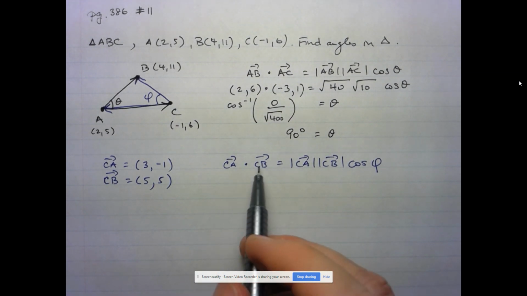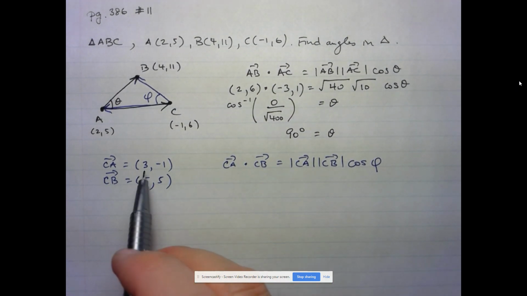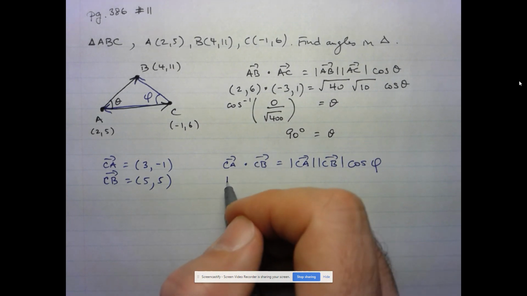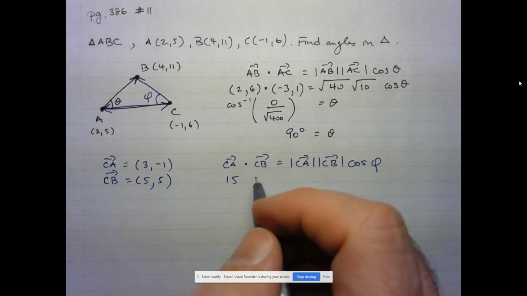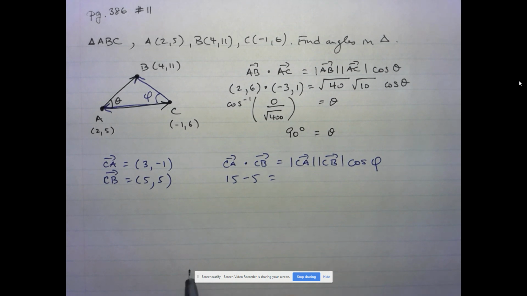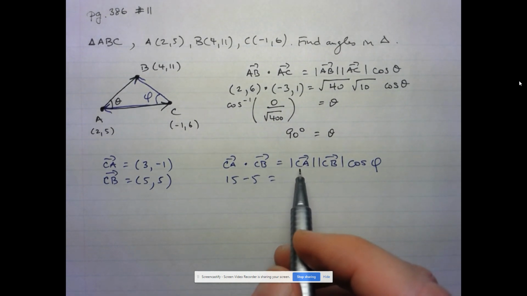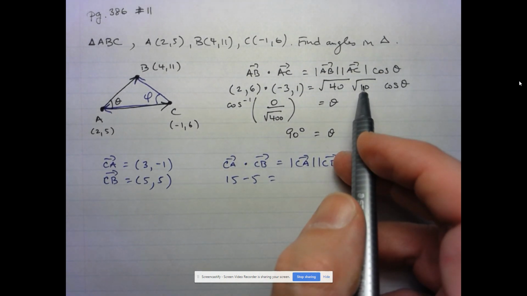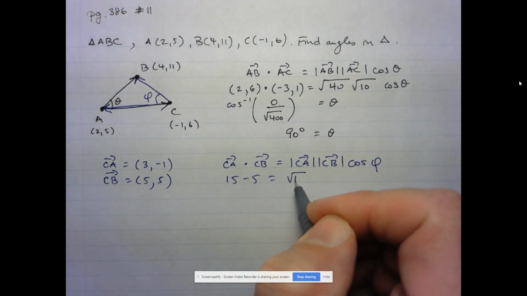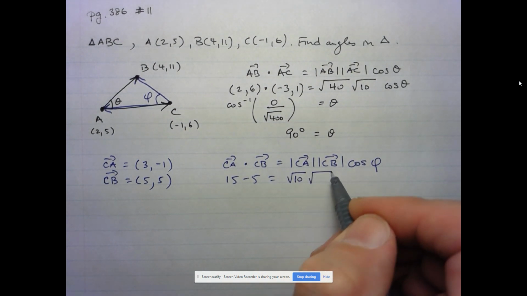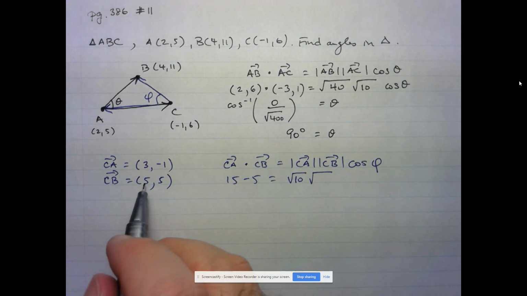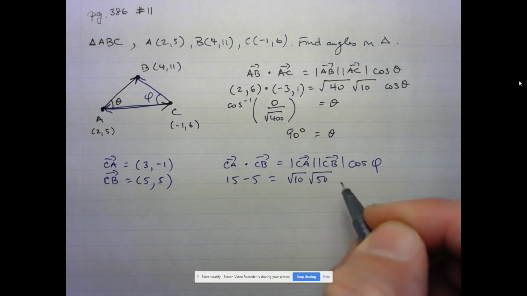Taking the dot product: 3 times 5 is 15, minus 5. The magnitude of CA is exactly the same as the magnitude of AC, so I've already done that. The magnitude of CB, 25 plus 25 is 50.